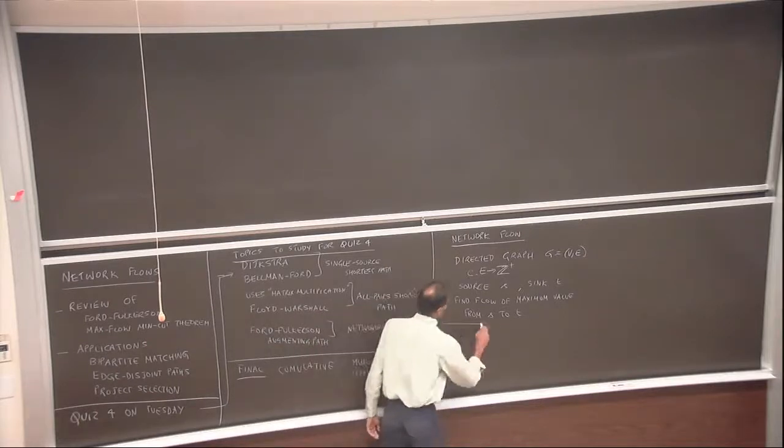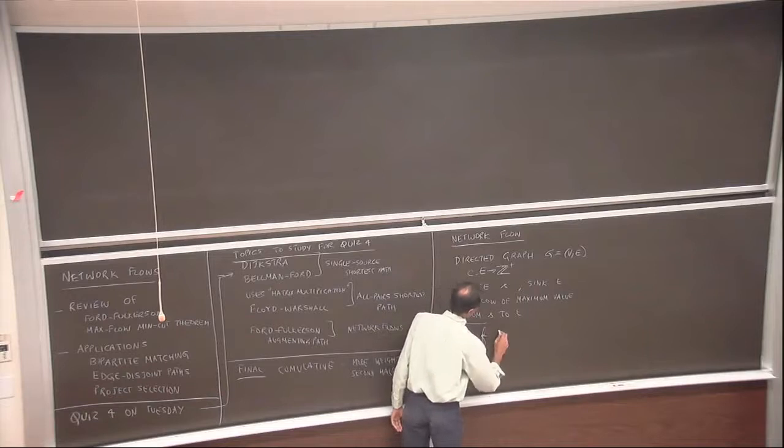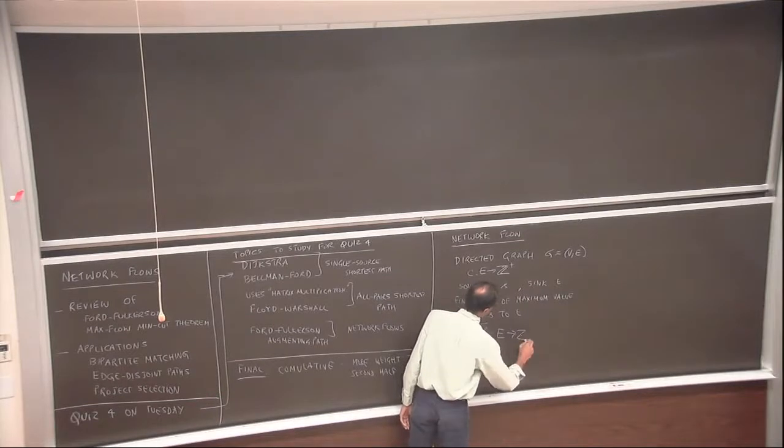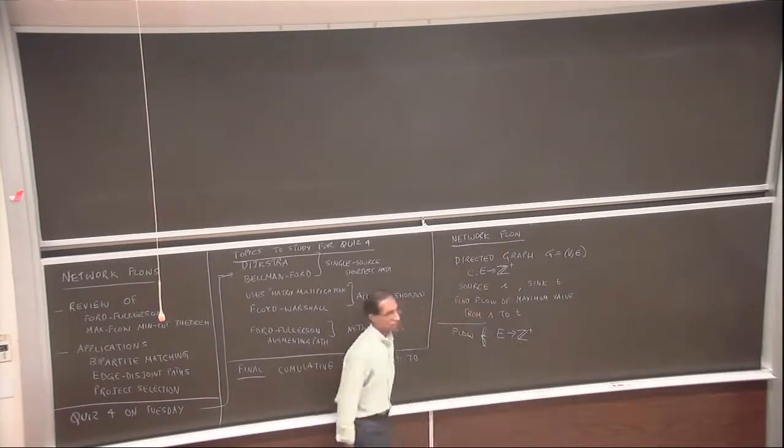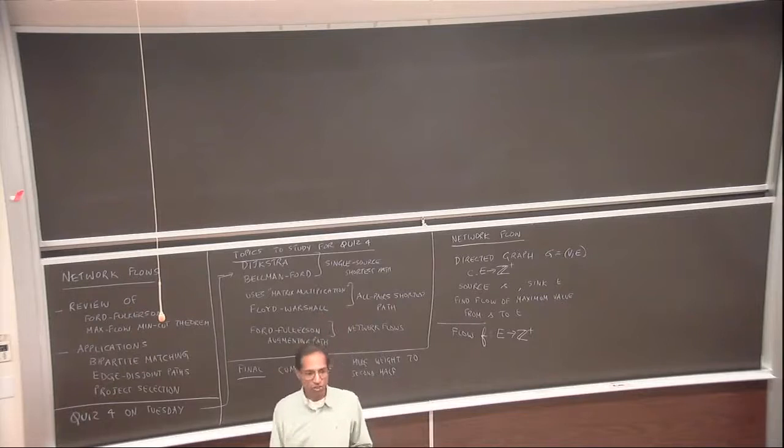Recall that a flow is simply an assignment of numbers to each edge. It just says how much stuff is going across the edge.